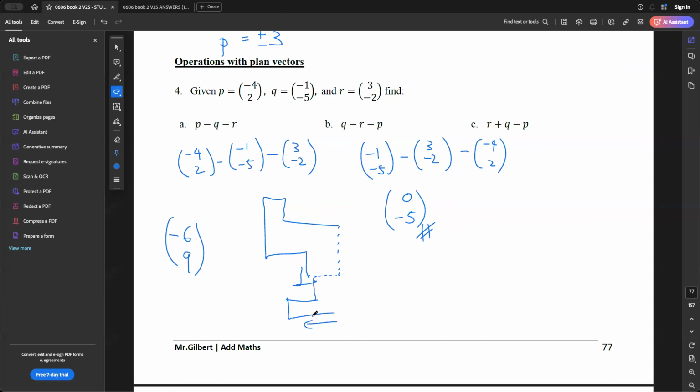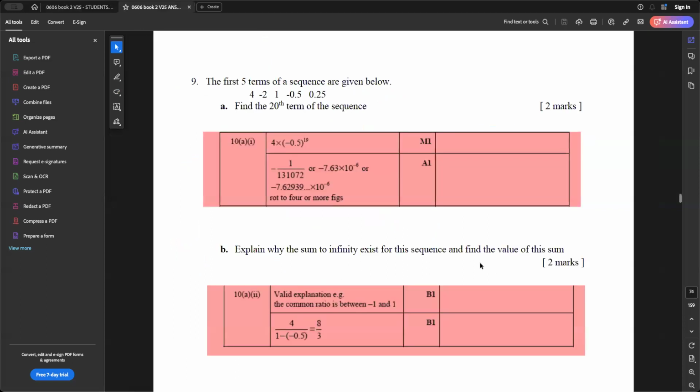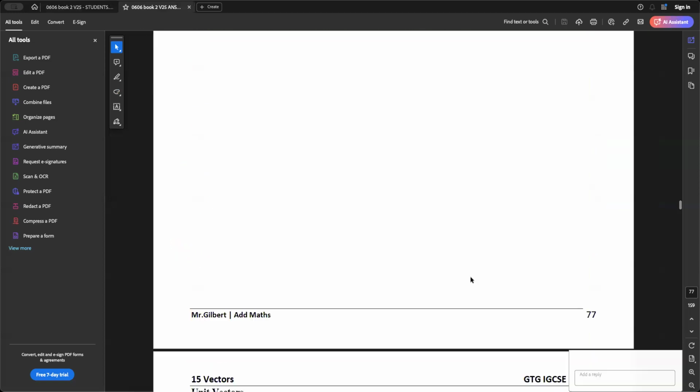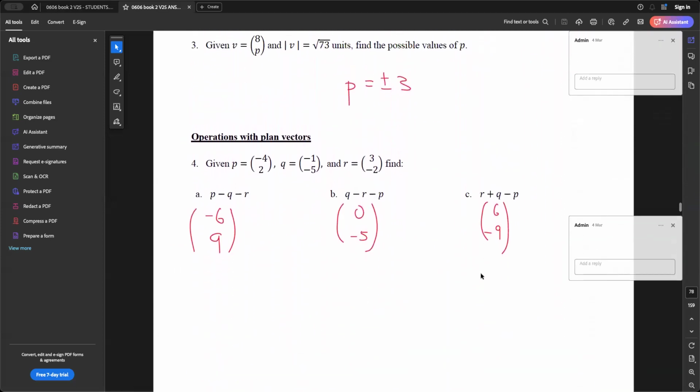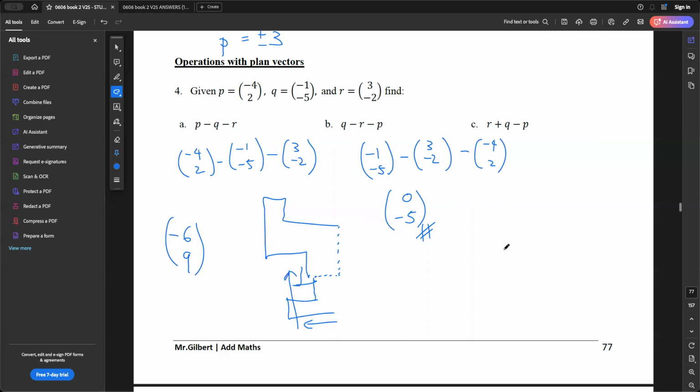Minus 6, and minus 9. C, guys? What's the answer for C? This should be the final answer.